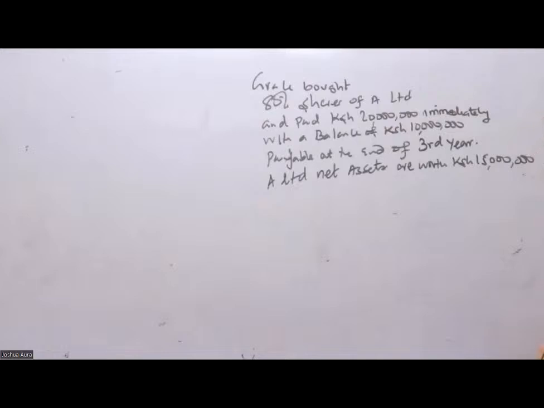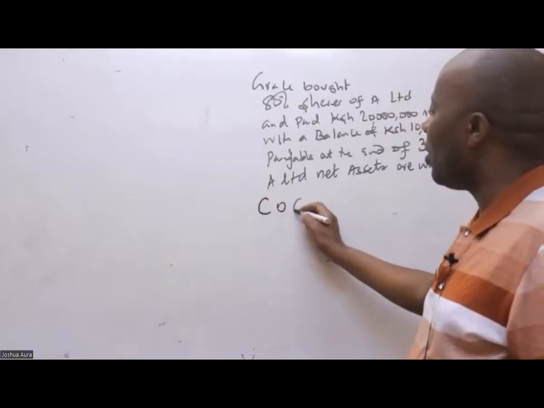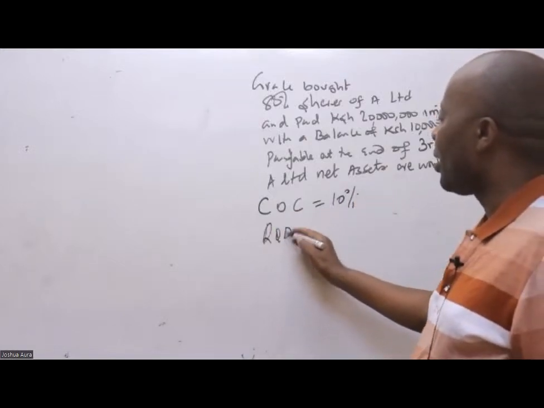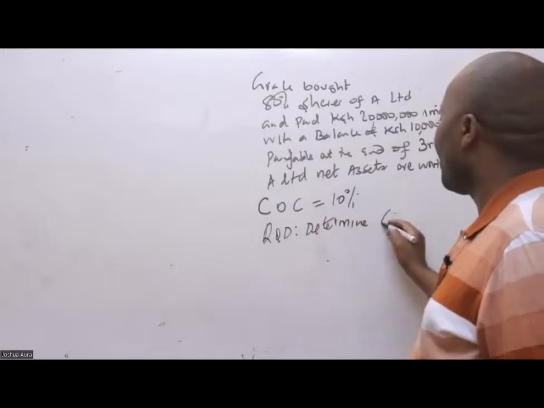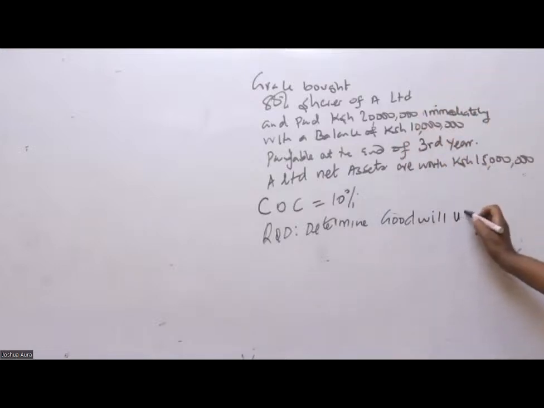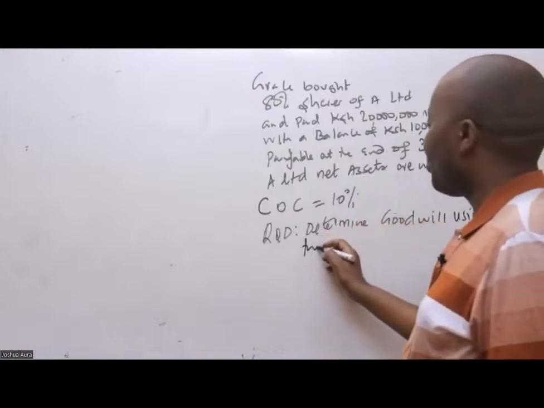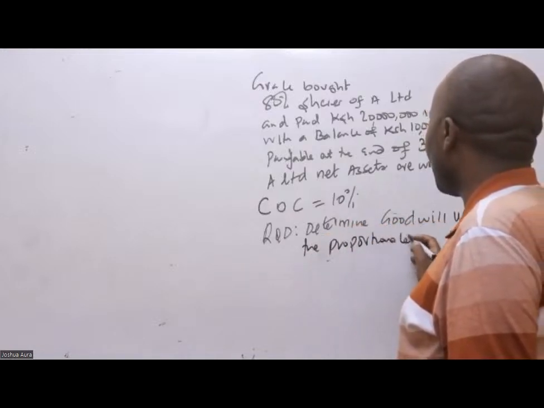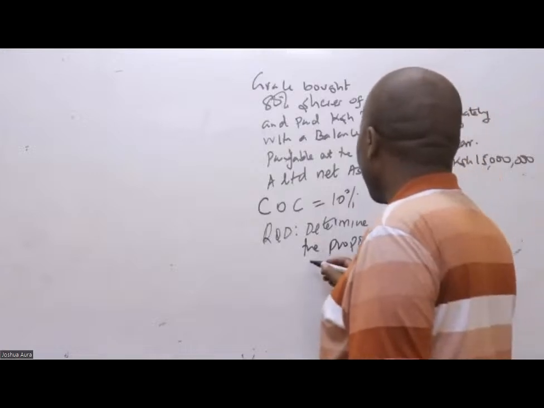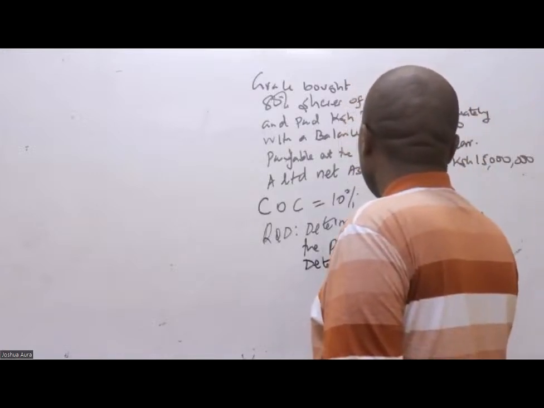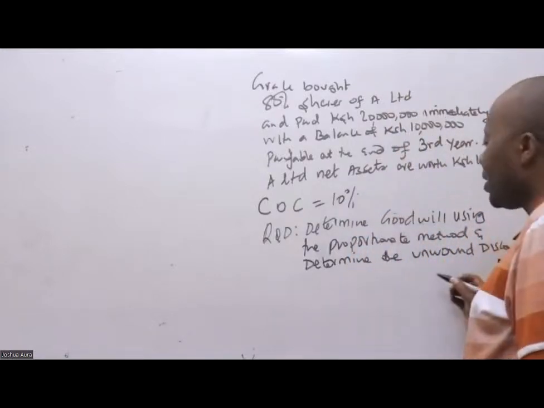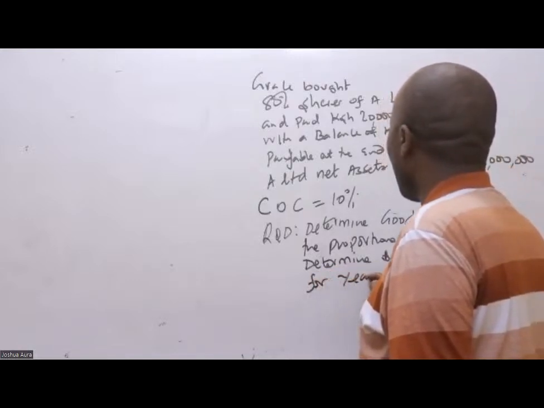And then we are given here a cost of capital of 10%, and then we are required here to determine goodwill using the proportionate method, and determine the unwound discount for year 2.